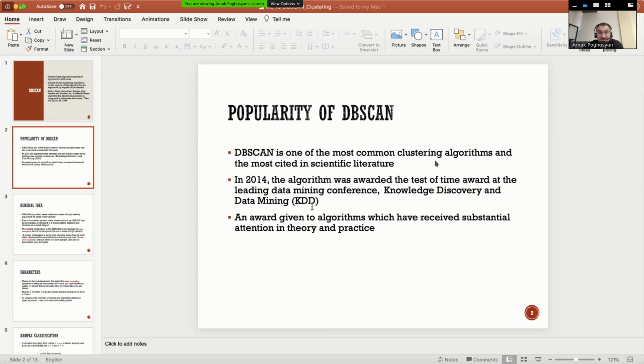And what is interesting, in 2014, the algorithm was awarded the Test of Time Award at the leading data mining conference. This is a very well-known conference known as KDD, Knowledge Discovery and Data Mining, and an award given to algorithms which have received substantial attention in theory and practice, because this is the most cited in scientific literature and the most applied clustering approach.